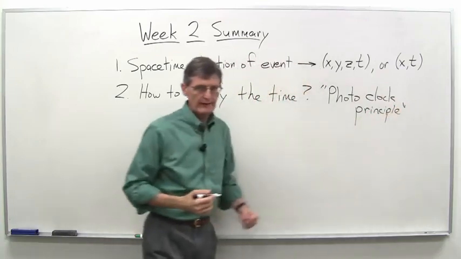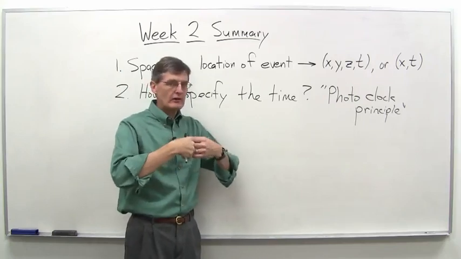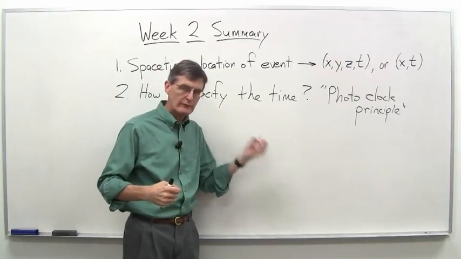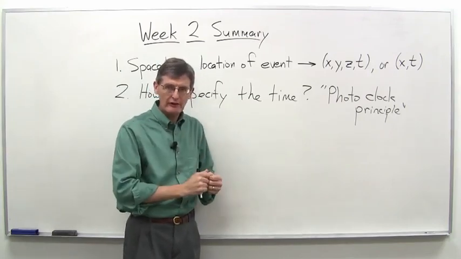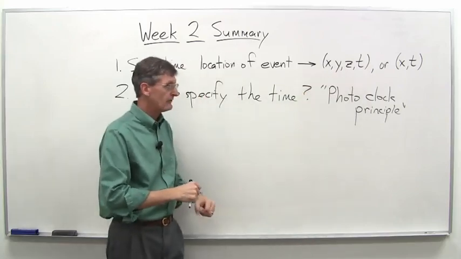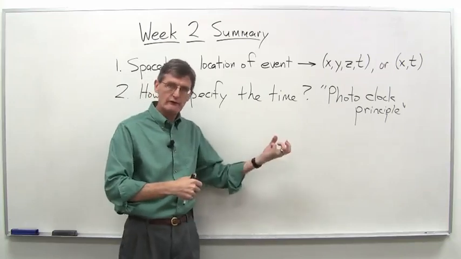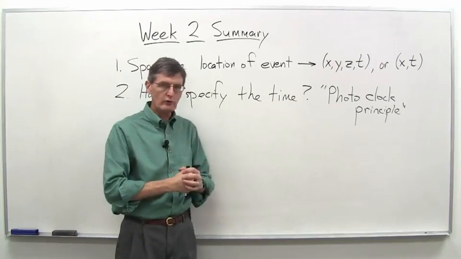And this is just sort of my name for the idea, the photo clock principle. Again, the idea is you have imaginary clocks everywhere. At every single point, there's an imaginary clock. And when an event happens at that point, you record the location. Maybe it's inscribed on the clock, the exact location of it, the x value or the x, y, and z values. And then the clock is running, so you can take a photograph of the clock at that instant in time and read off the time later on when you want to do that.